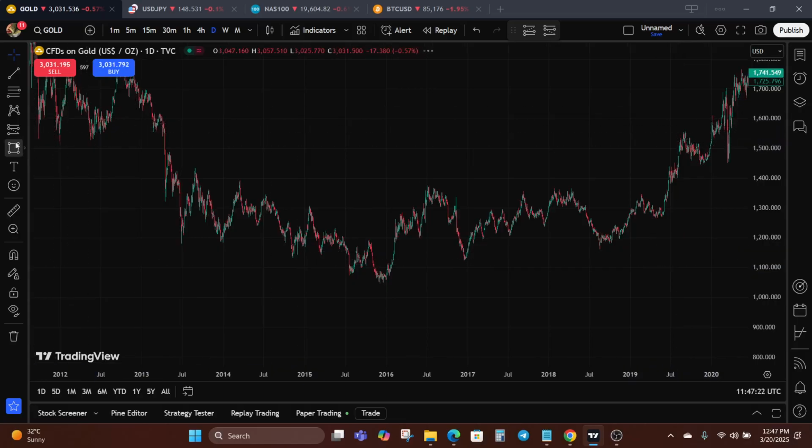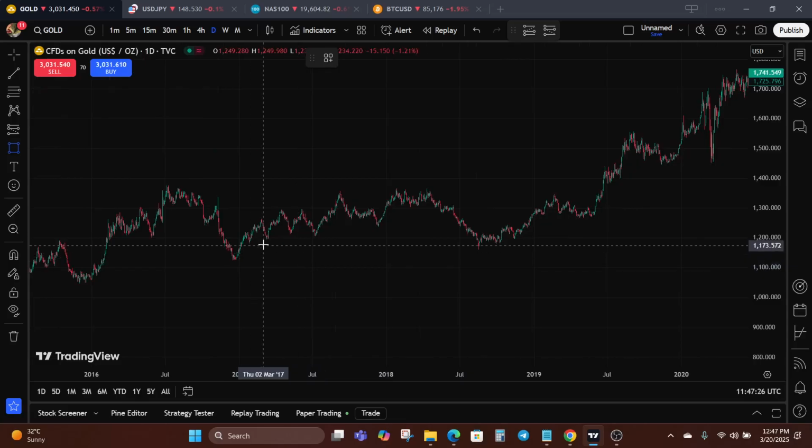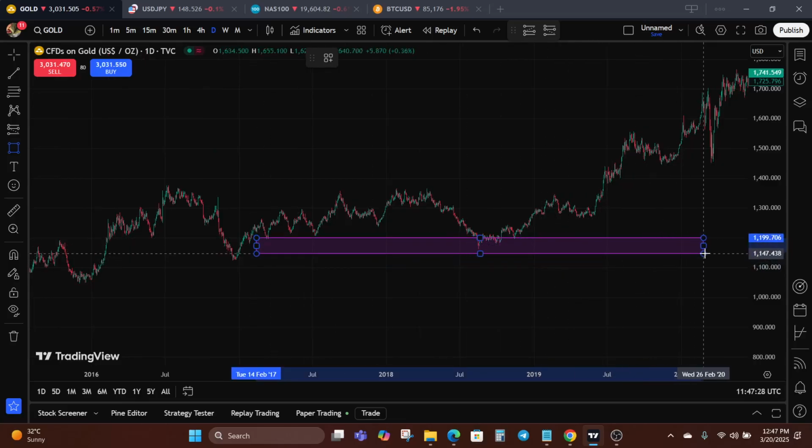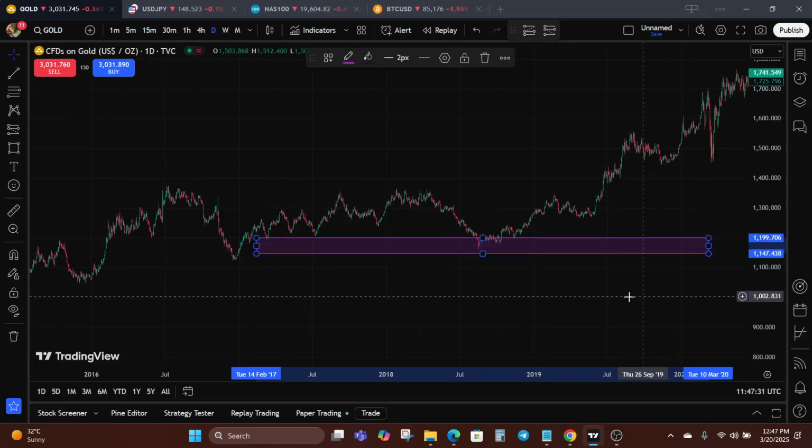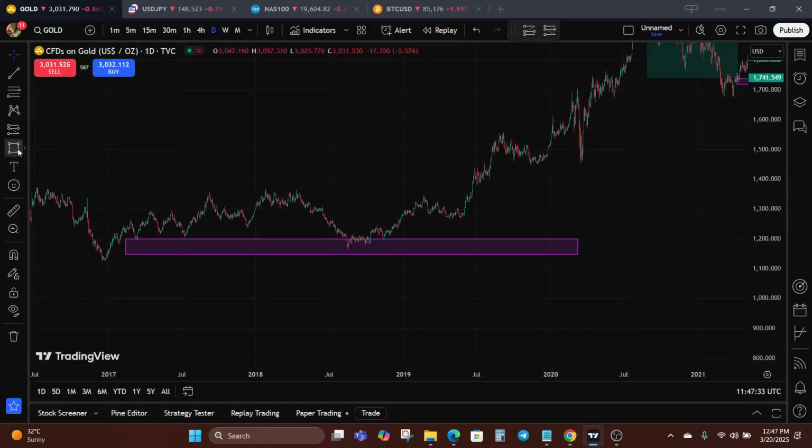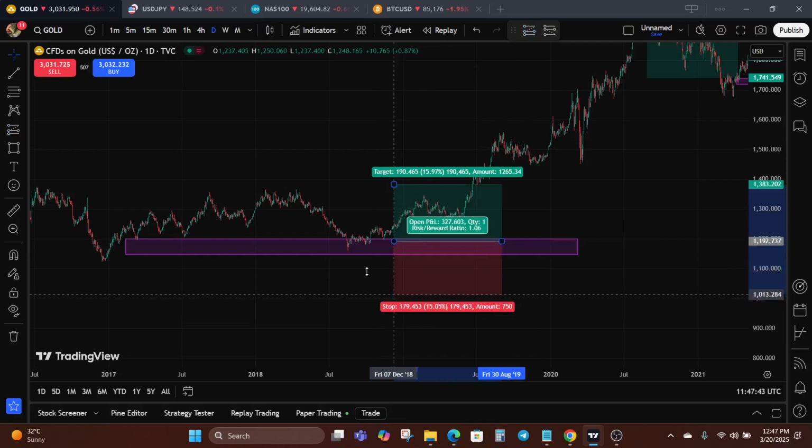If you're going to enter a buy trade from around a support zone, the ideal place to set your stop loss is below the support.